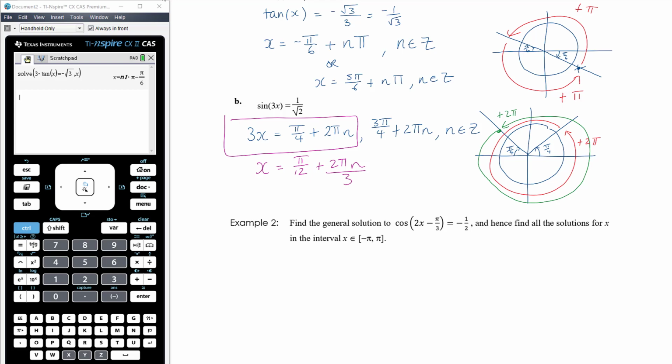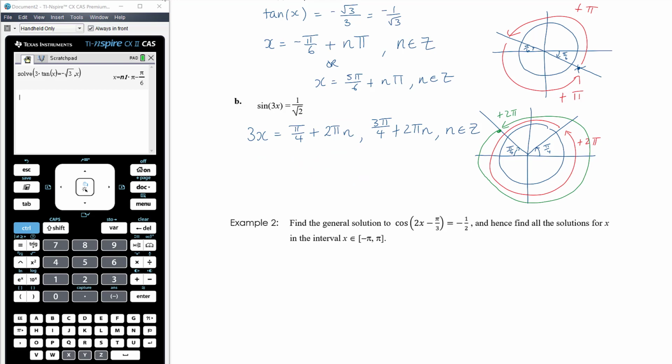And that makes sense, because what we're saying is that there's a solution at pi on 12, and then if you add on 2 pi on 3, you'll get to another solution. And 2 pi on 3 is really important here, because that's the period of this sine function. So that's about adding on a period. So when you divide the whole solution by 3, you're also dividing that 2 pi n section as well.